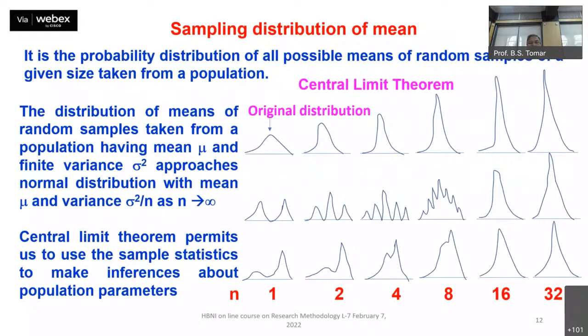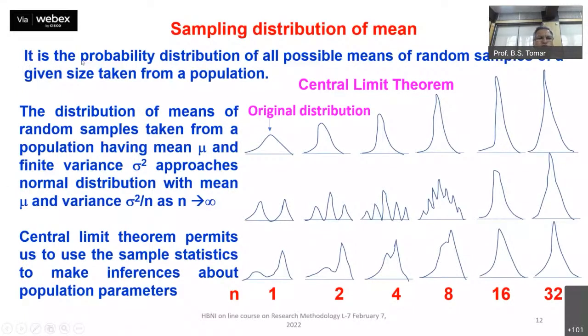Now, there is one important theorem we'll discuss here. When we discuss the sampling distribution of mean, suppose we take n samples from a population and find out the means of those n samples. So what happens?